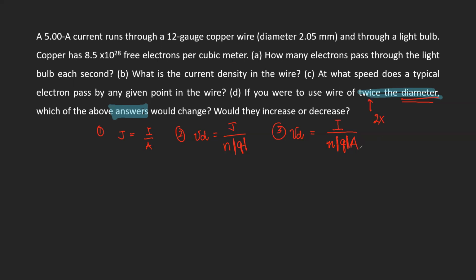If the area is increasing, as you can see here, I expect my drift velocity to decrease, similar to this one. If my area is increasing, this one would decrease, satisfying the equation J is equal to I over A and v_d is equal to I divided by n q A. So that's it.